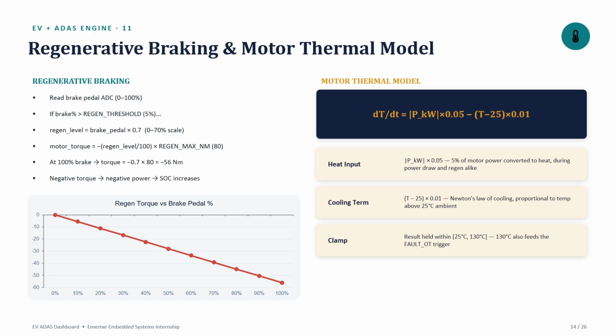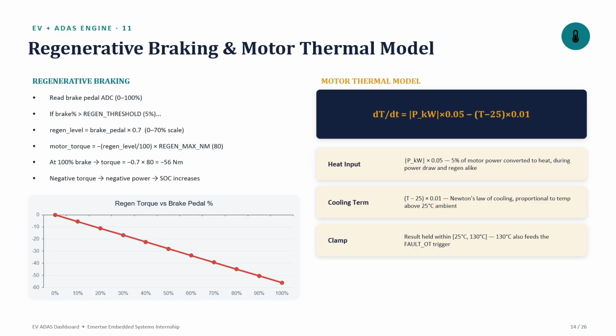How does it work? It works in the simulation by reading the brake pedal. Then, based on the brake percentage, we have to check if it is greater than the threshold to get into the regenerative region. If that threshold is achieved, then based on the brake pedal, we give it a scale of how much regenerative level is achieved.